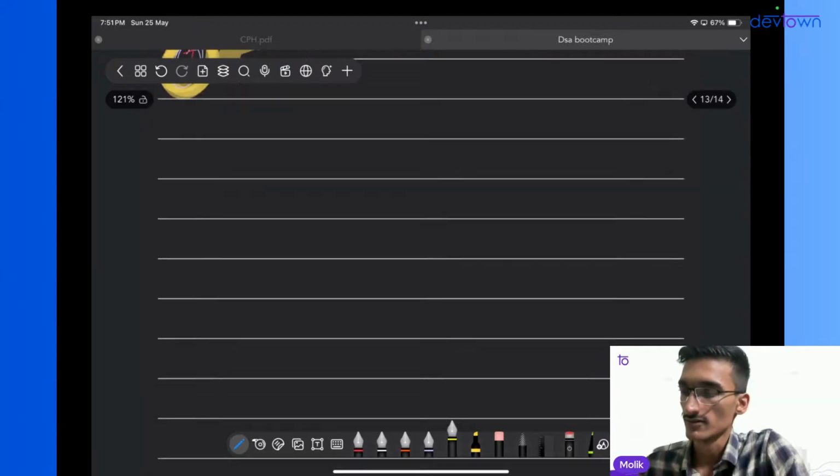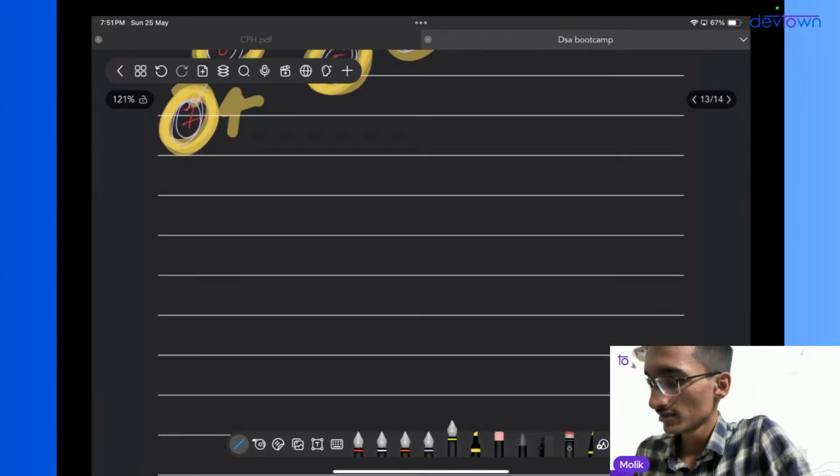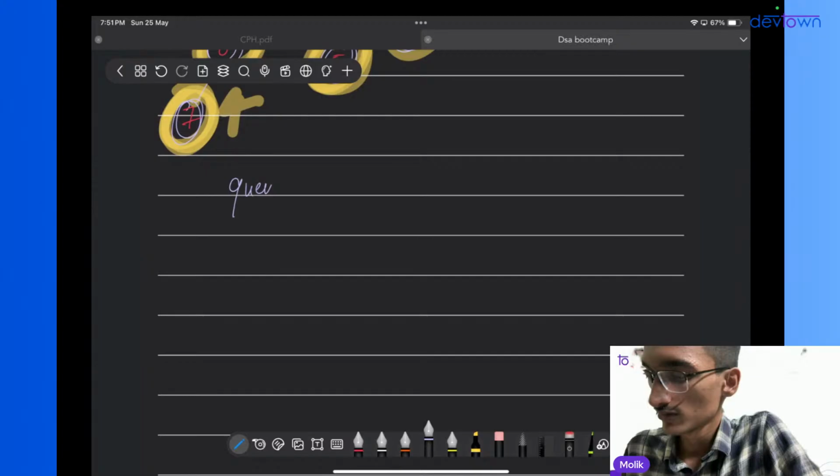Let's see the pseudocode of it. You will be using a data structure known as queue.